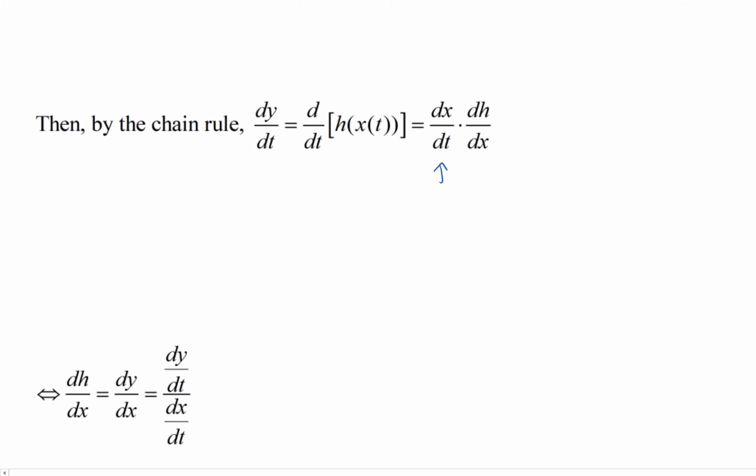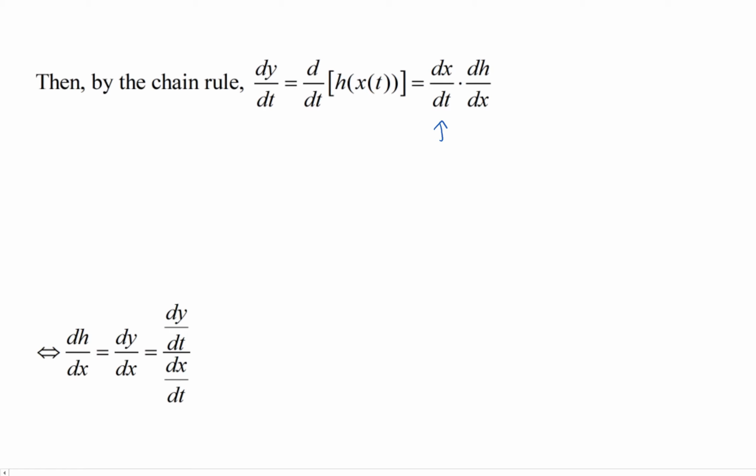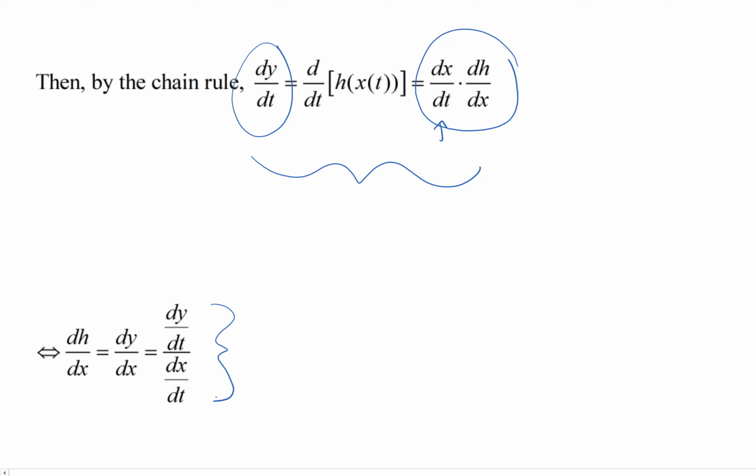And thus, if I take this equation, dy/dt is dx/dt times dh/dx, and I divide both sides by dx/dt, guess what I get? dh/dx, which is the same thing as dy/dx, is dy/dt divided by dx/dt. And that's exactly what we're after, right?